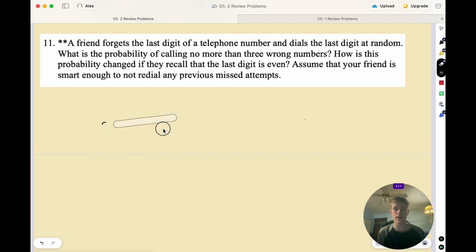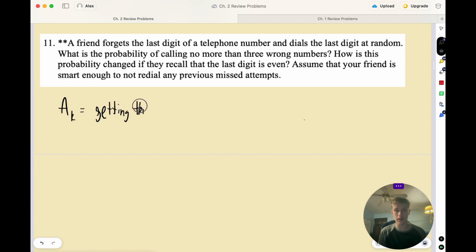Okay. So remember, this chapter is all about unions and the addition principle. So we're going to go ahead and define the event A sub k as getting the number correct, or getting the last digit correct on the kth attempt.